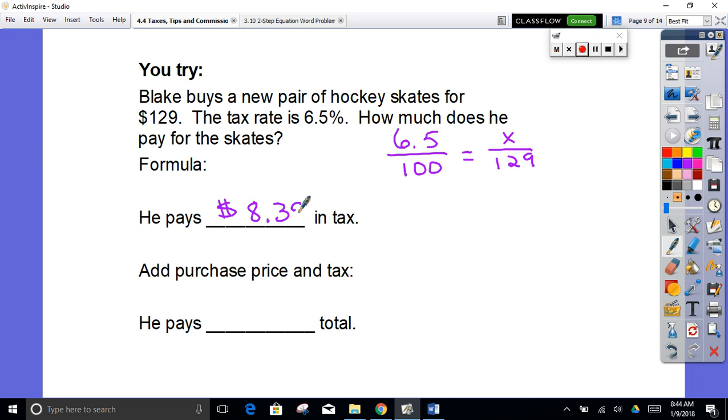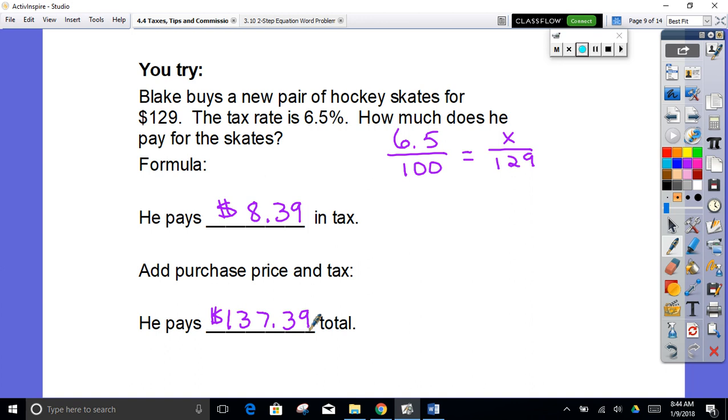So we've been rounding to the nearest hundredth a lot. This comes in very handy when we're doing tax because dollar amounts we always want to round to the nearest hundredth. Okay, and then how much did he pay total? Go ahead, Irene. $137.39. Okay, good. $137.39. Okay, any questions about this?